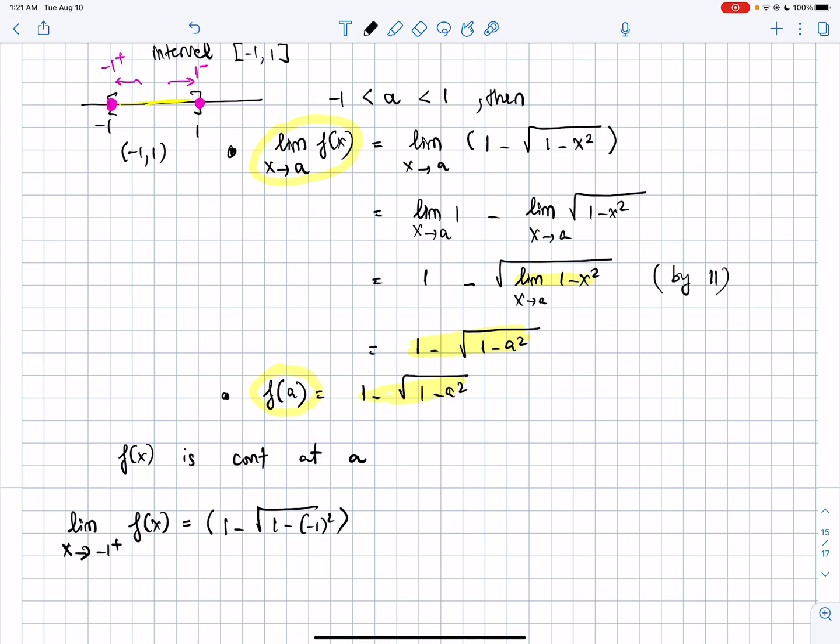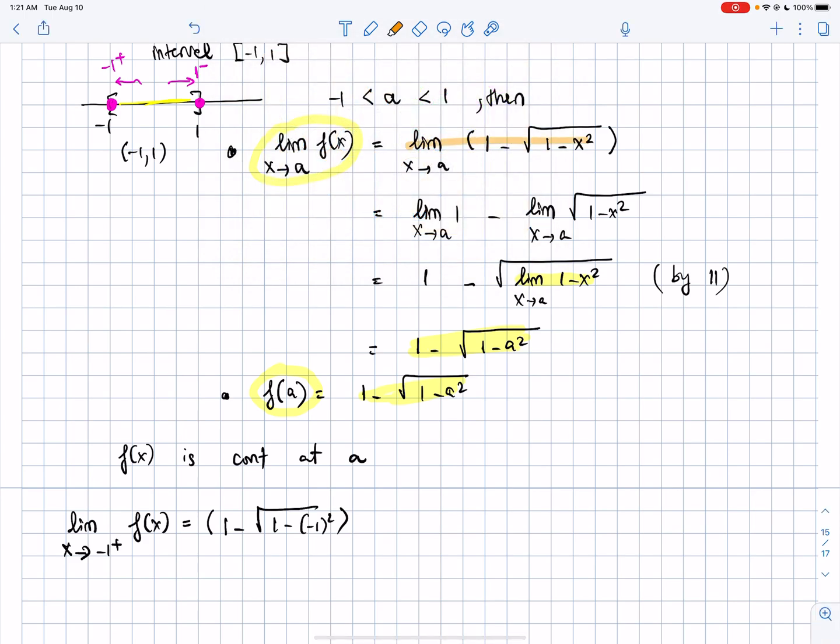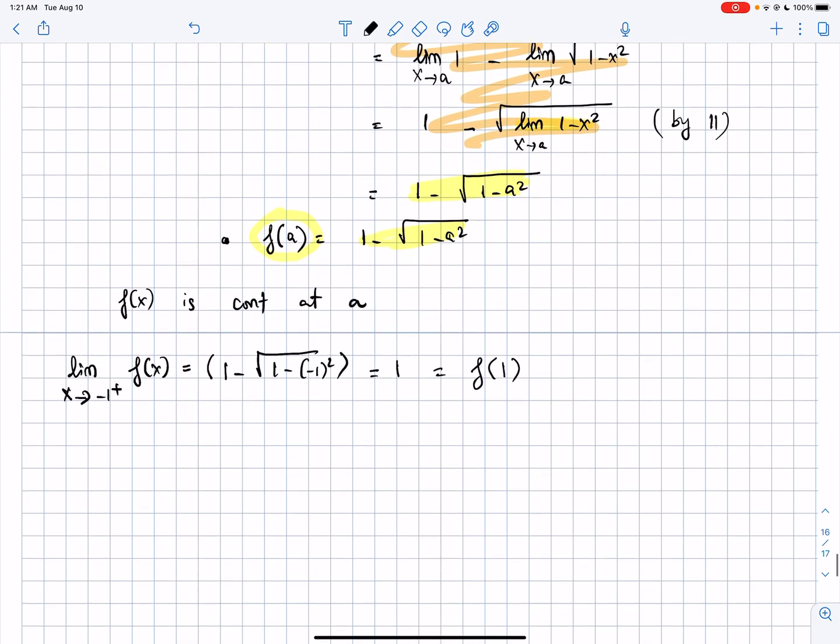Because we have the function f of x, we can use this and simply plug in the number. So we get the answer 1. And that gives us exactly f evaluated at -1.